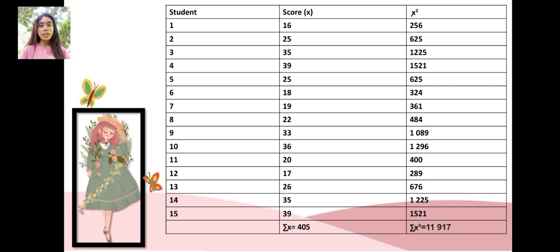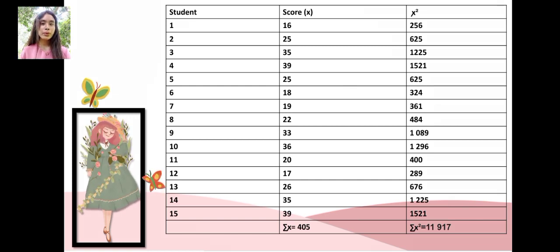That is the proper way of computing it. Once we are done multiplying, we add them all, and our summation of squared scores is equal to 11,917. Are you following? Be sure to follow so that we avoid confusion.